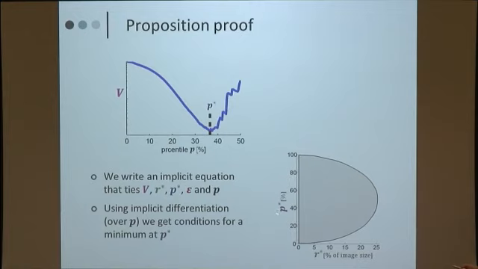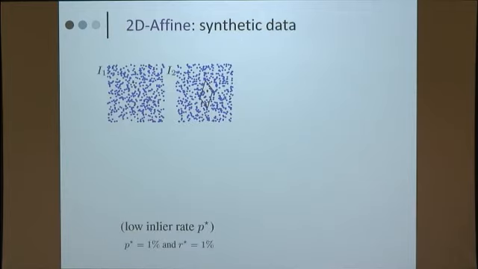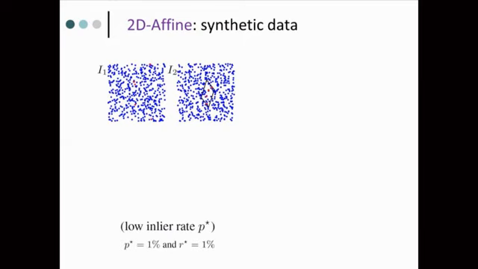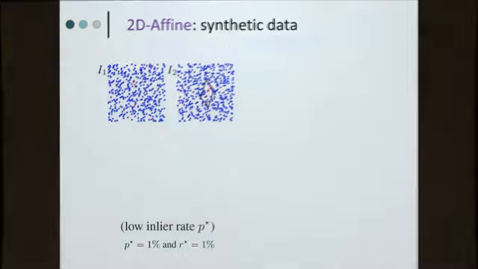We can see here in this D-shaped area in the space of P star and R star, so the inlier rate and the inlier noise, in this whole D-shaped area, we show that the minimum must exist under these assumptions. So this is the theoretical analysis, and there are many details in the paper.